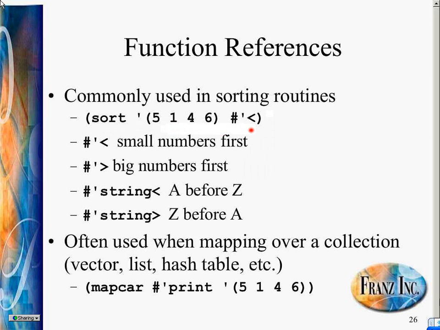So it takes elements of the list, it compares them using this function, and it passes them in order. It will pass 1 and 4, and if it then does less than 1, 4, if that returns true, it says that the two elements are in the correct order.